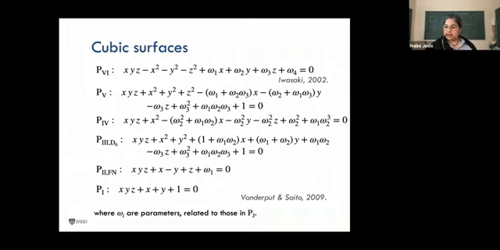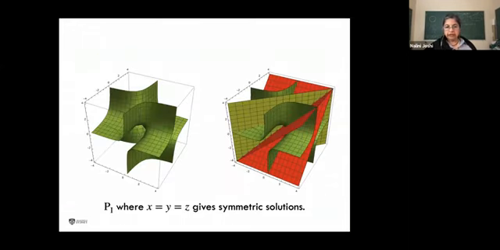So to give you an example of that, let me show you some pictures. This is the monodromy manifold, or at least my attempt to draw a real slice of the monodromy manifold of Painlevé 1.